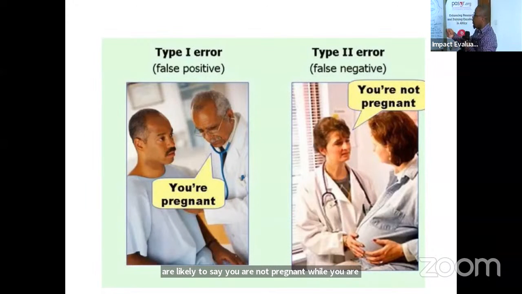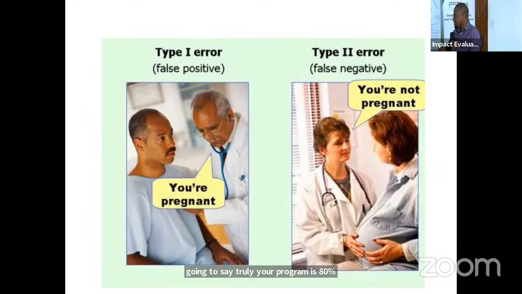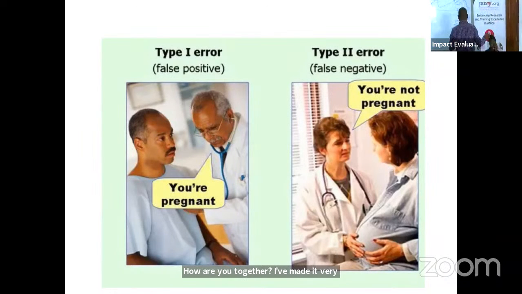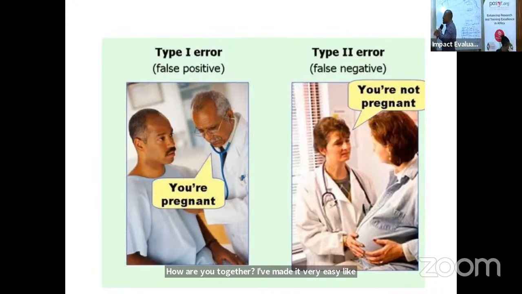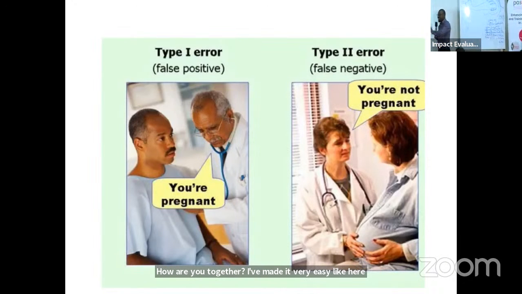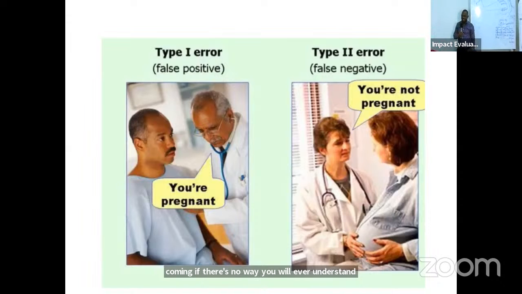What is the chance that we are going to say truly you're pregnant? It is 80%. Are we together? And that's the statistical power for you. I've made it very easy. Come on, if you can't understand this, there's no way you will ever understand statistics in your life. Does it make sense? Let me stop there before we proceed.